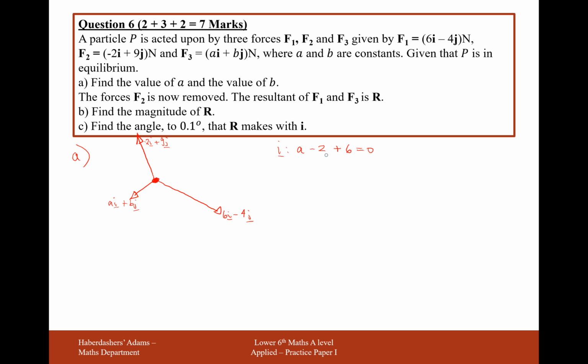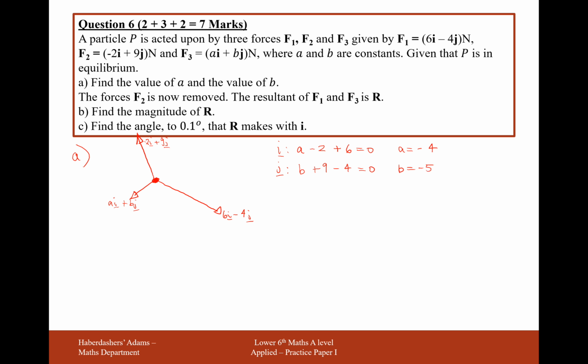So what we must get here is a equals minus 4. That will equate this out to 0, and on the j components what we need here is b plus 9 minus 4 equals 0, so b must therefore be minus 5.